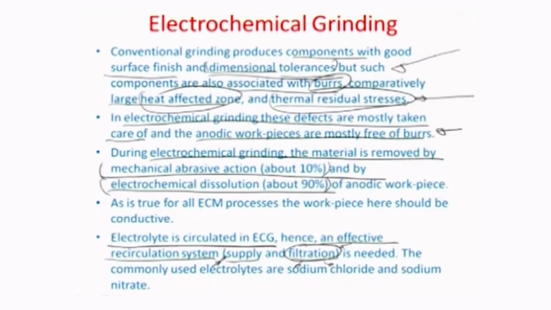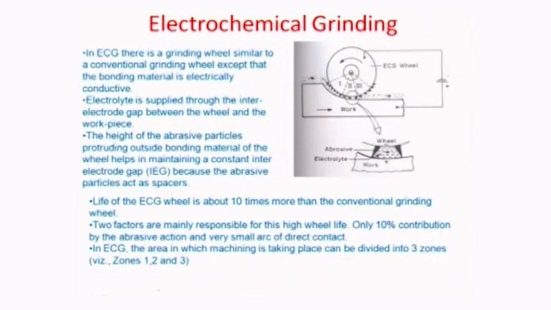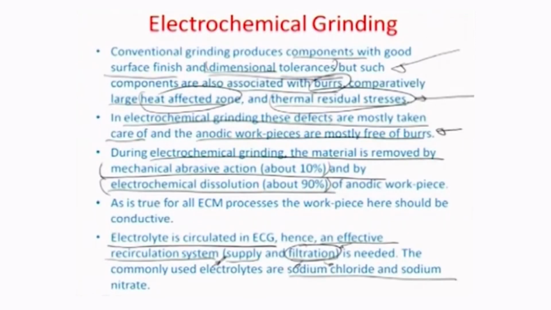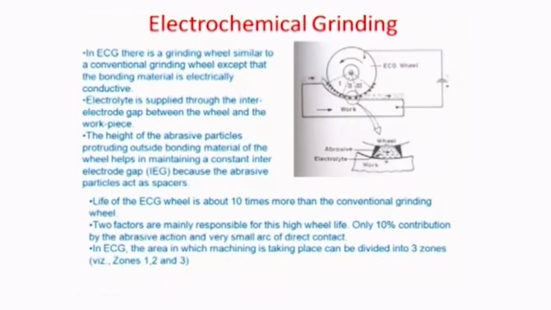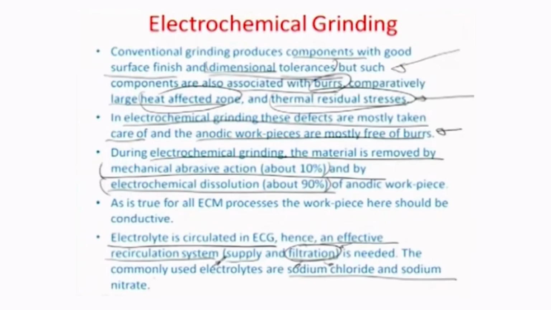And we have seen that sodium chloride and a passivating agent, sodium nitrate, NaNO3, is typically used most of the time for ECM processes. So in this ECG process also a similar composition can be given. As I already illustrated earlier, the role of a passivating electrolyte is to create a high field, so that the ions which come out don't get influenced by the workpiece and the tool surface.